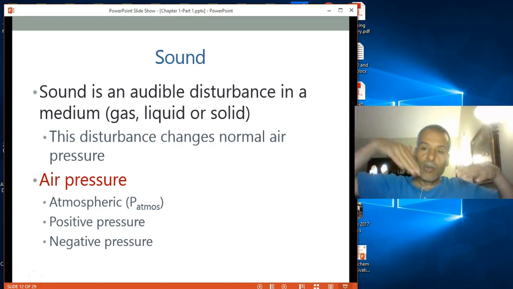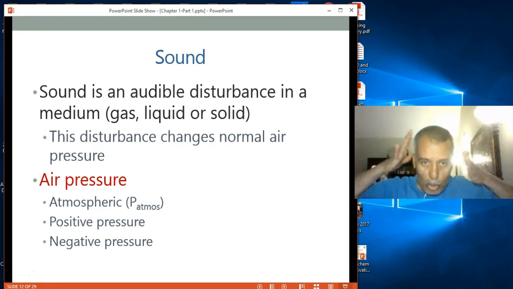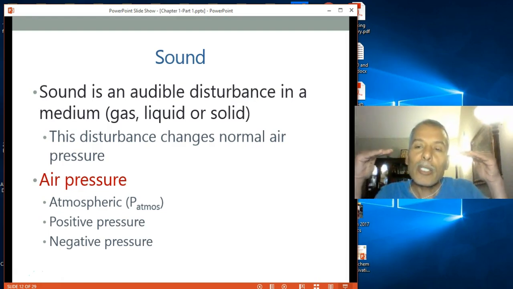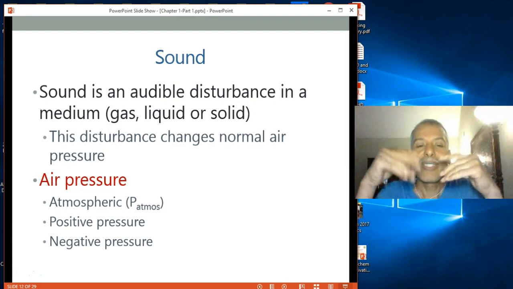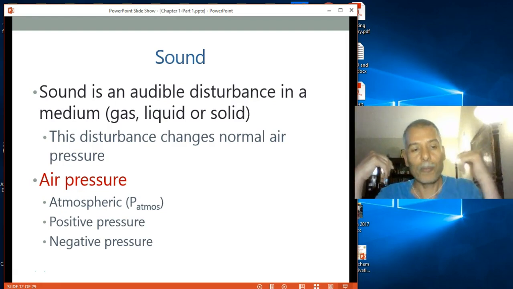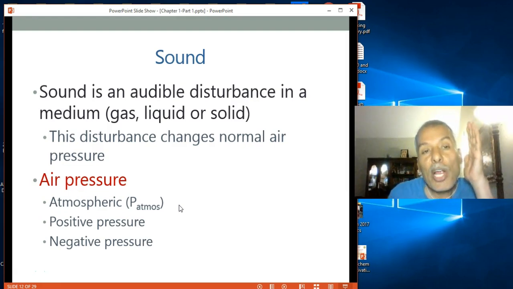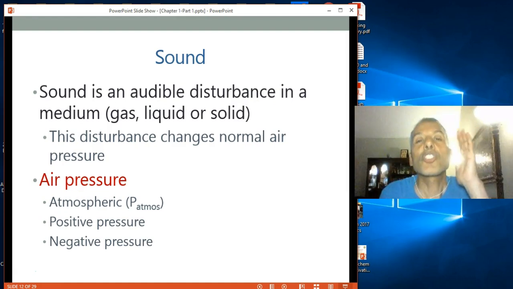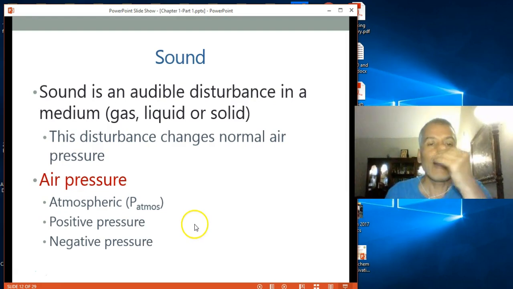Because as you go down, there's so much more air weighing down on you and forcing itself into your ear canal and pushing on your eardrums, that the eardrum is forced inward, and it can't vibrate well in response to the sound of someone speaking next to you. So usually, negative air pressure causes suction, and positive pressure causes pushing in.